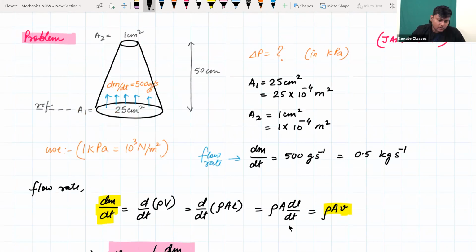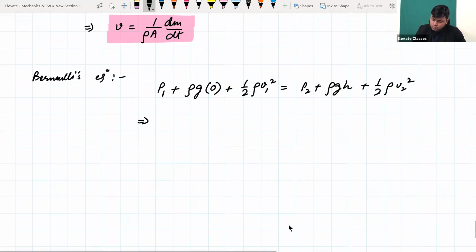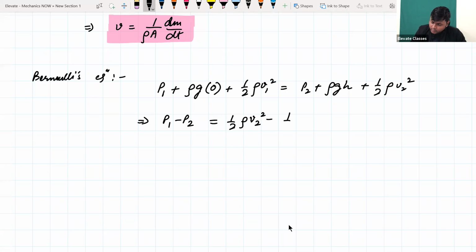प्रेशर डिफरेंस फाइंड आउट करने के लिए आई विल से p1 minus p2. Okay, so p1 minus p2 is equal to half rho v2 square minus half rho v1 square. So what is half rho? What is v2?